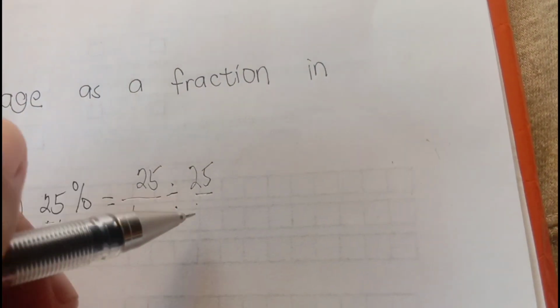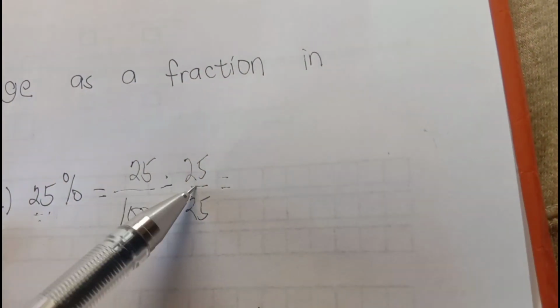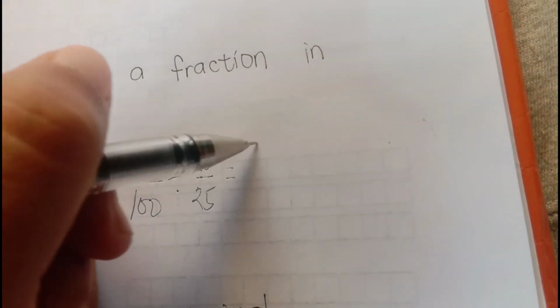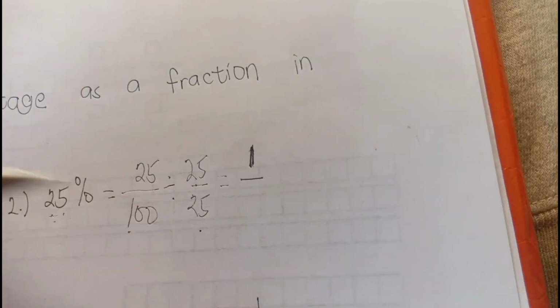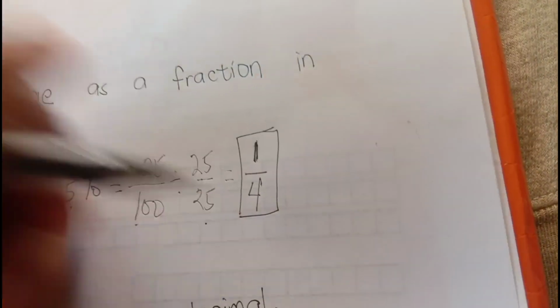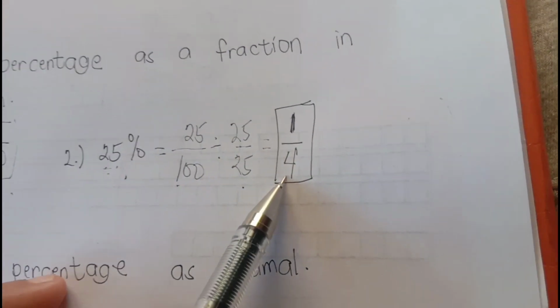Divide by 25 over 25. 25 divided by 25 is 1. 100 divided by 25 is 4. Therefore, 25% is equivalent to 1/4.